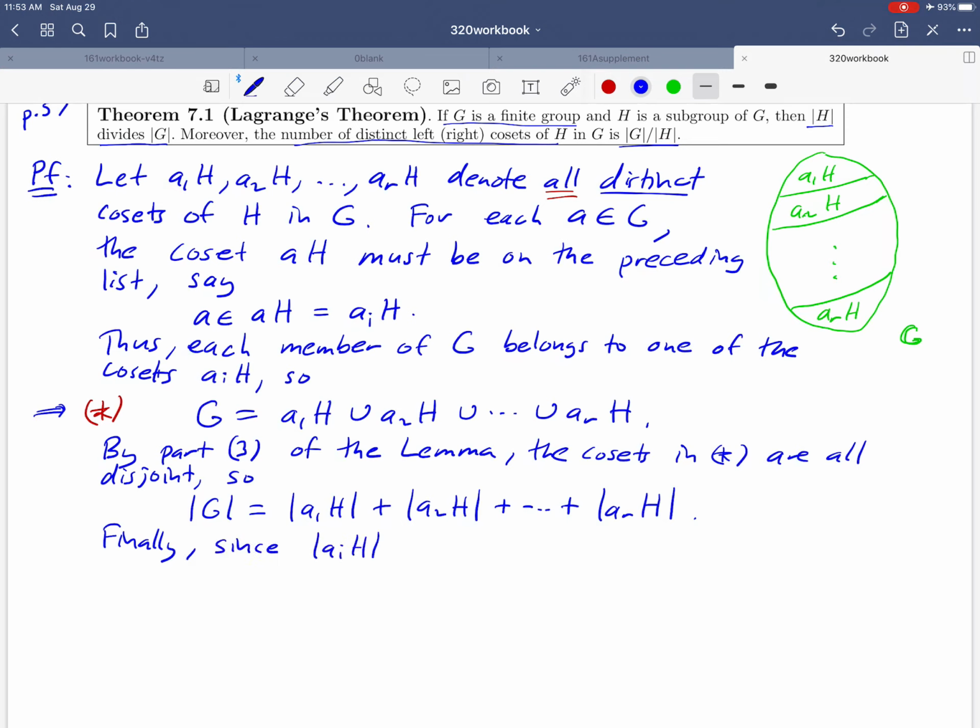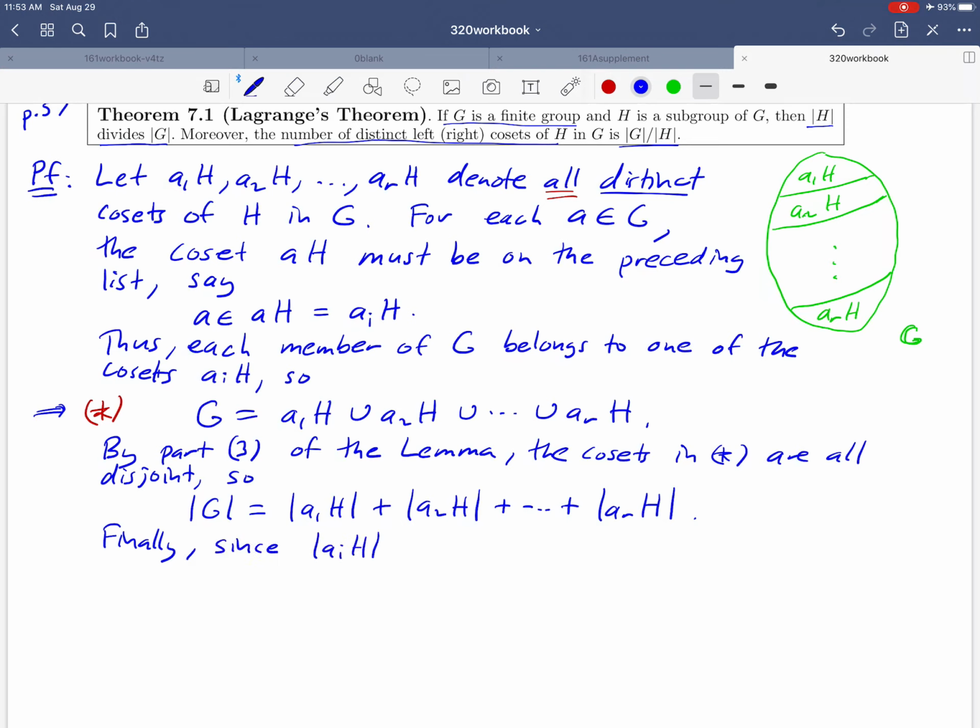Since the order of the coset AIH equals the order of H, by part 5 of the lemma, for all I, let's think about that before we write this down.